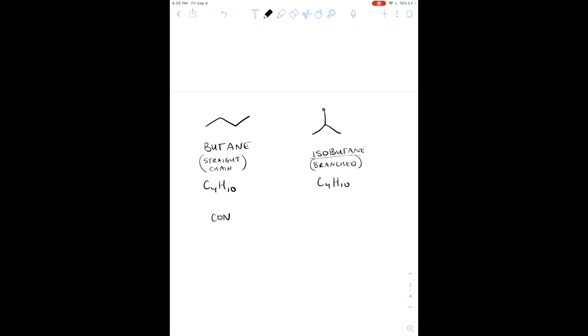They are constitutional isomers. Basically what this means is that they have the same chemical formula, but different bond connectivity.